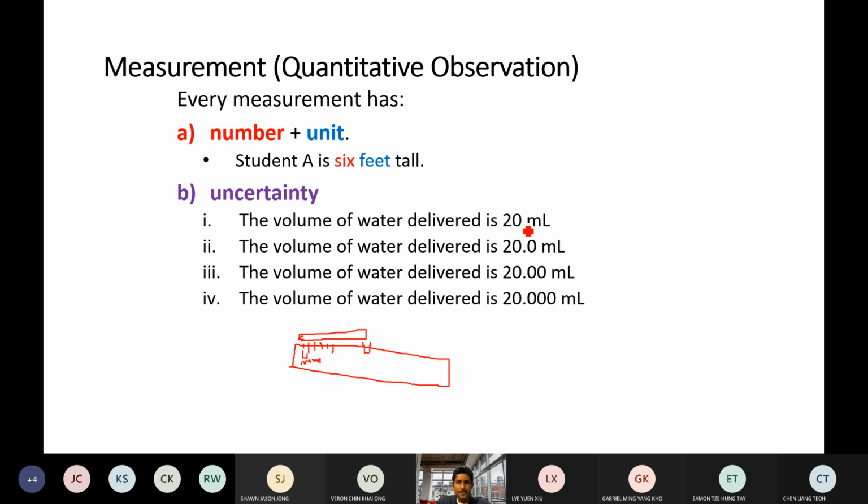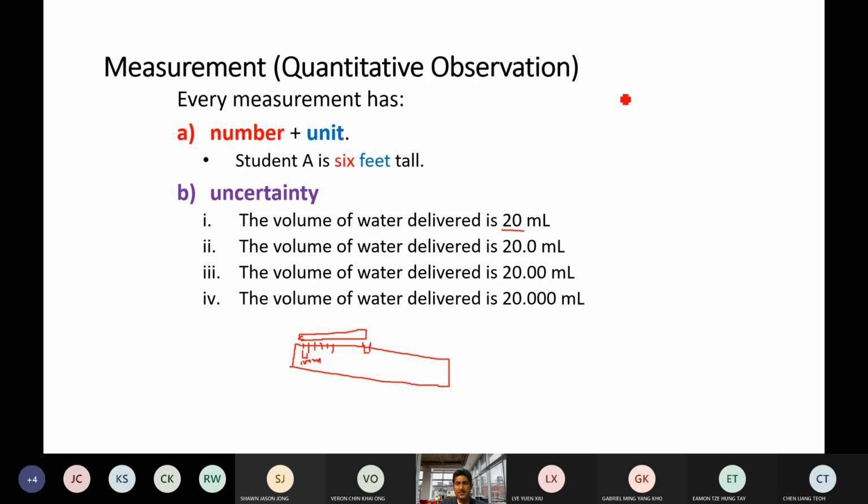When there is only 20 milliliter, that means the scale I used can measure every 1 milliliter graduation. Oh, sorry, milliliter means it should be a volumetric flask.